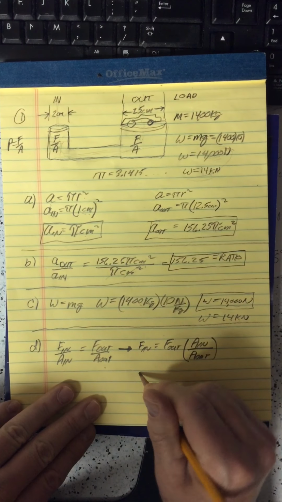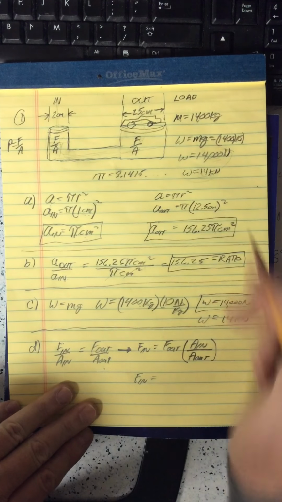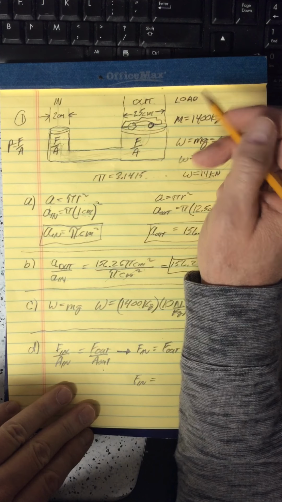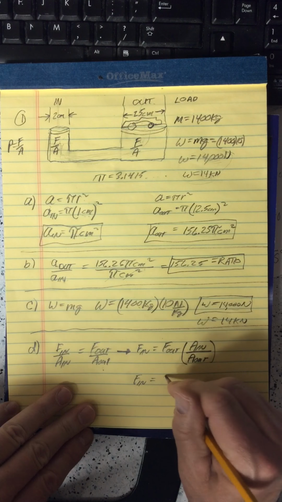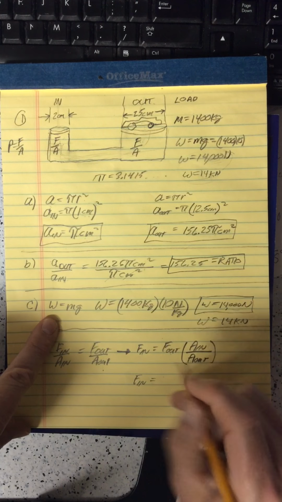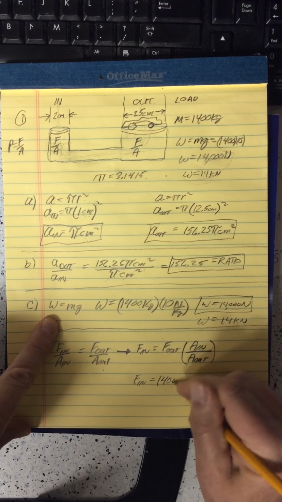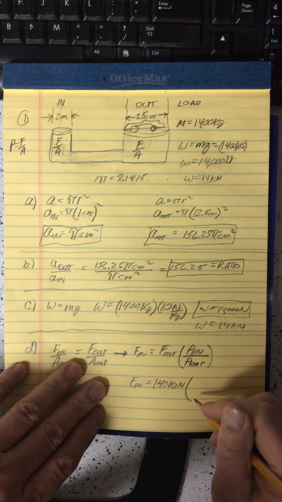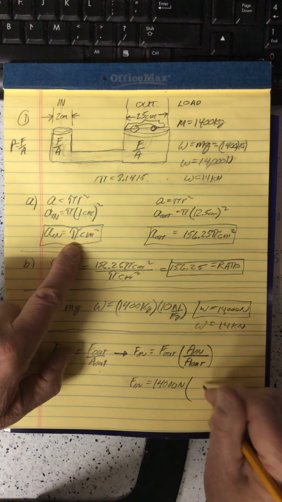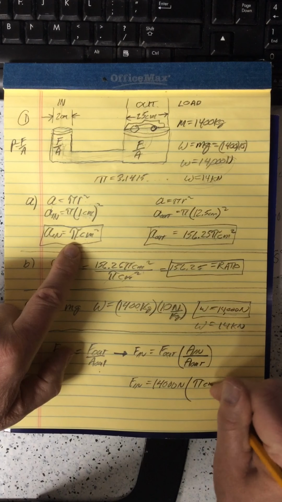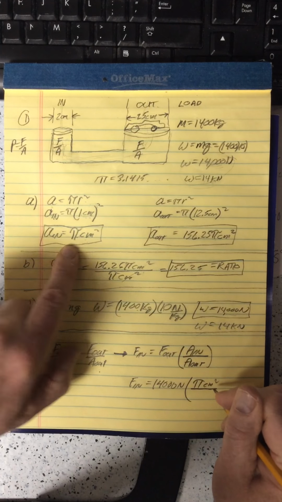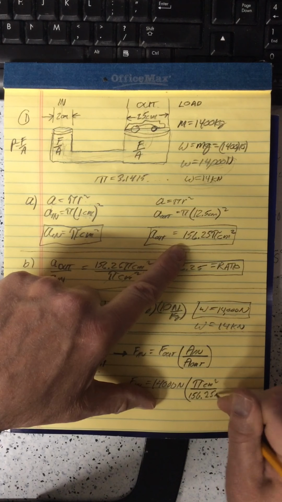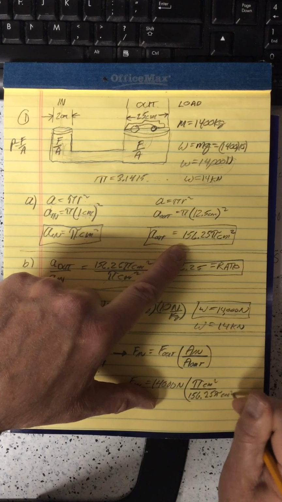Now we plug in. F in is the unknown. How much force do we have to apply to lift a 14,000 newton car? F out is the weight of the car, 14,000 newtons, times area in, which was pi centimeters squared, over area out, which is 156.25 pi centimeters squared.